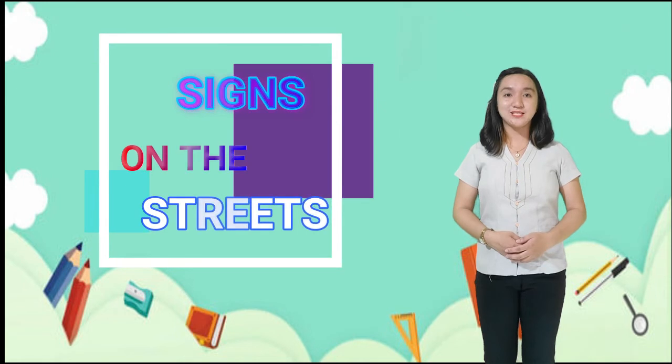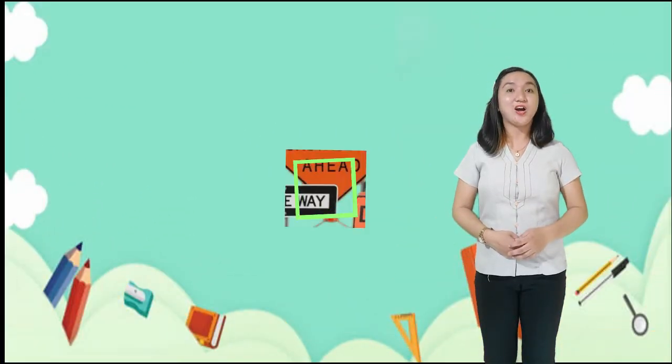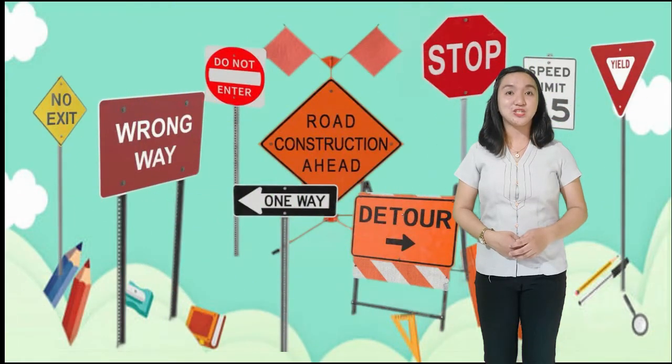Every day, we see signs on the streets and in different places we go to. They are of great help to us. These street signs are there to send a message and give instruction or information. They are also meant to be followed.